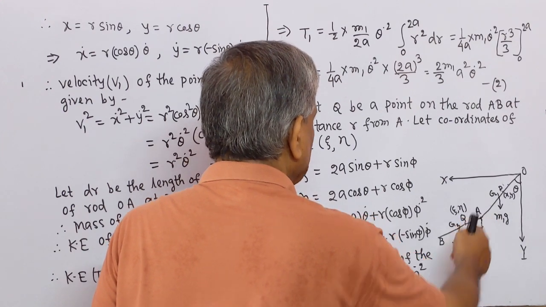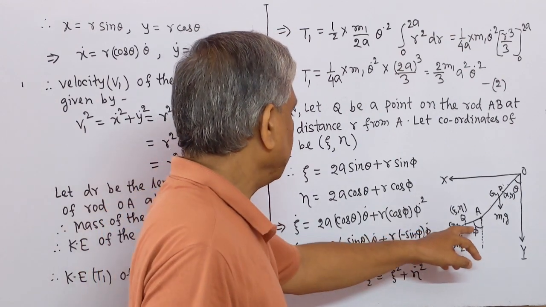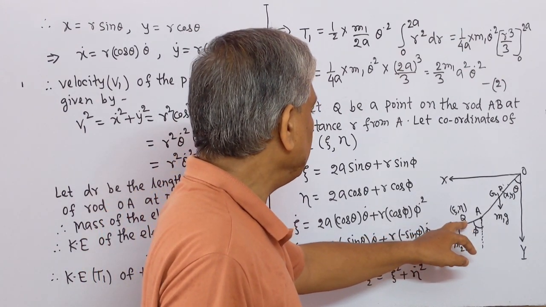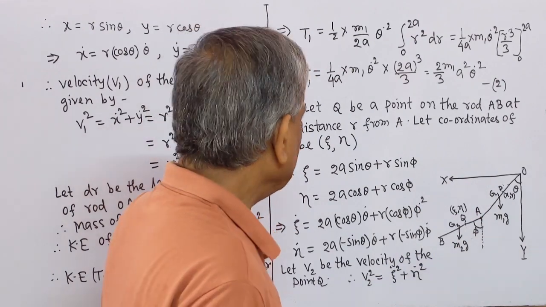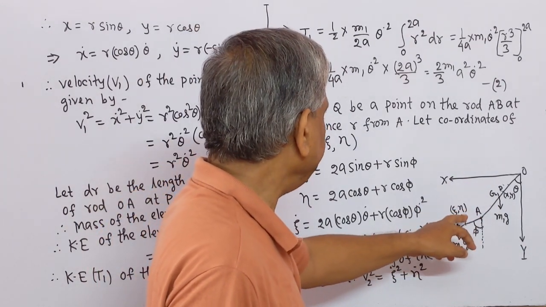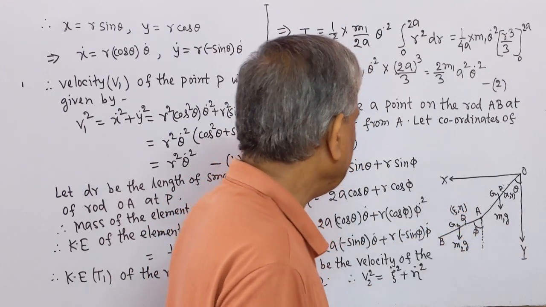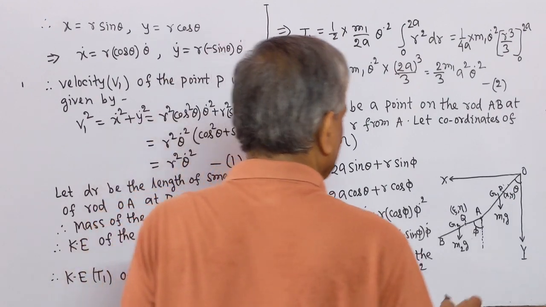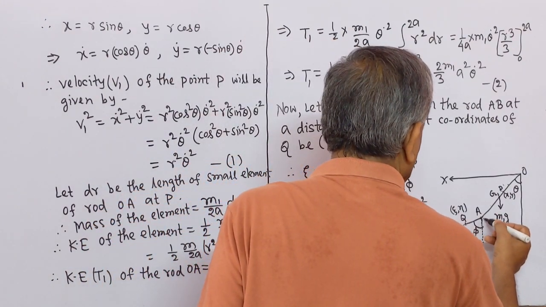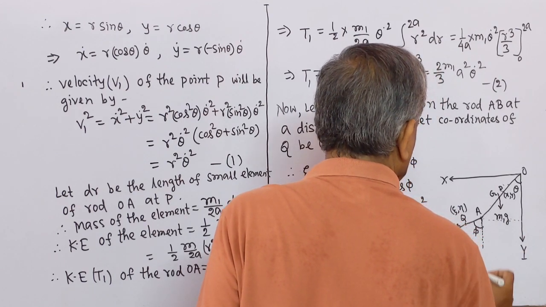Let Q be a point on the rod AB at a distance r from A, that means AQ equal to r. Let the coordinates of the point Q be xi, eta. Firstly, we find eta, the y coordinate, by taking projections on the y axis.